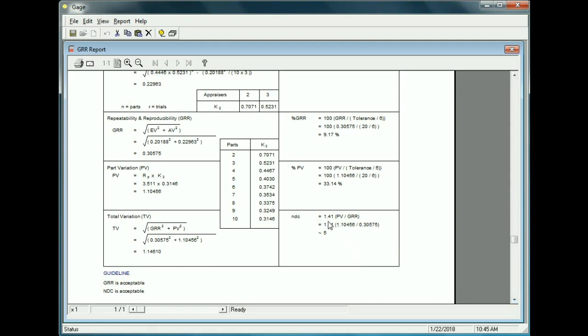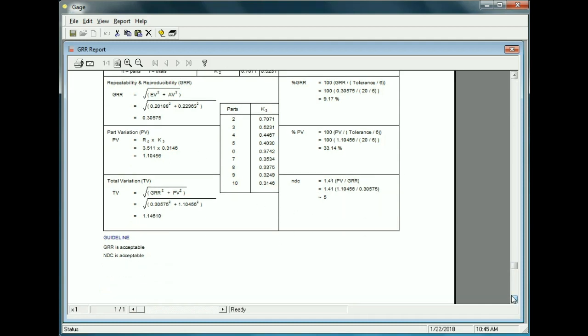And the number of distinct categories, which again has nothing to do with tolerance band, is the part-to-part standard deviation divided by the Gage repeatability standard deviation, which is taken from these calculations, and is approximately 5. And so in this case, based on tolerance band, the Gage R&R is acceptable, and the number of distinct categories was always acceptable.